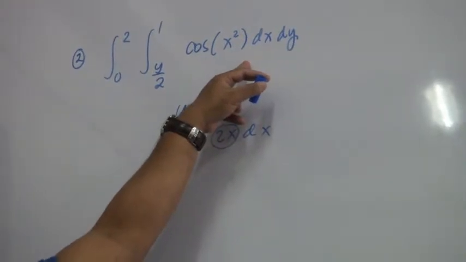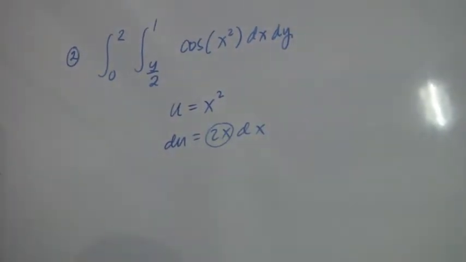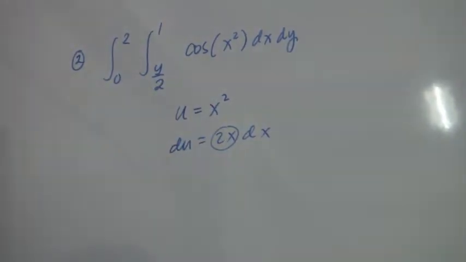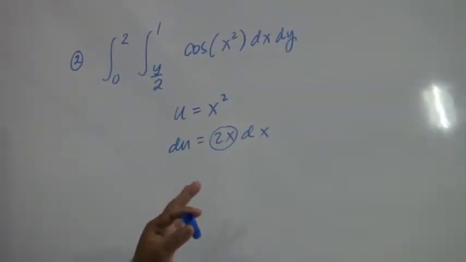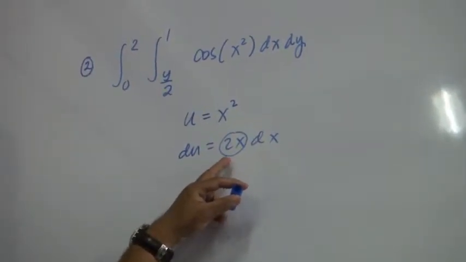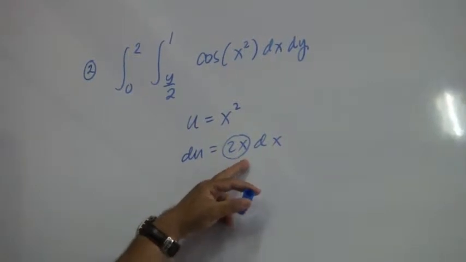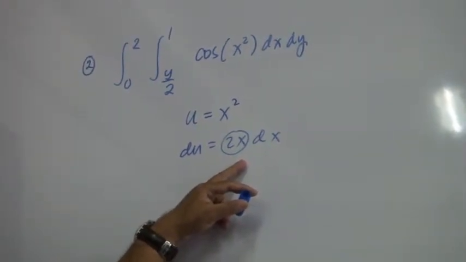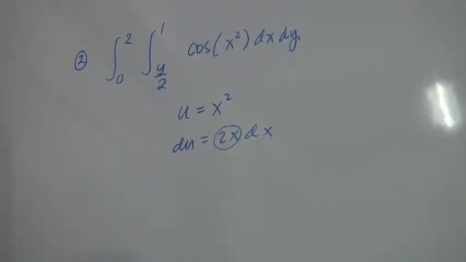Okay? So that's why we need to reverse again the order of integration because there's a lacking part in the integrand, and that is x. Okay? It's okay for us to have a lacking constant, but with regards to the variable, we need to reverse the order of integration. Okay?